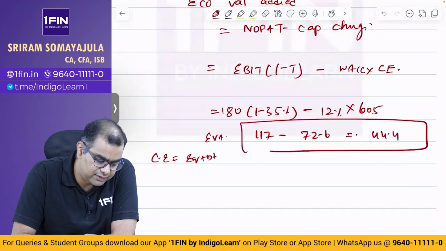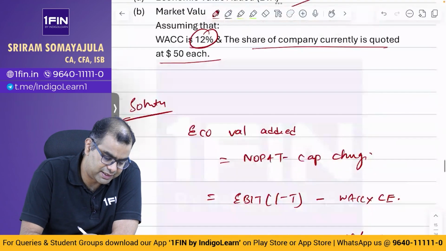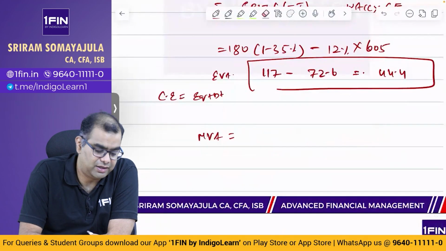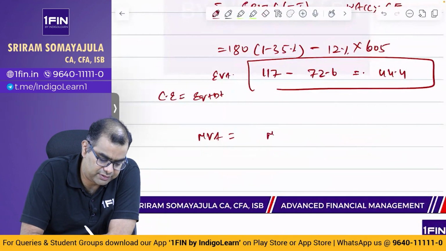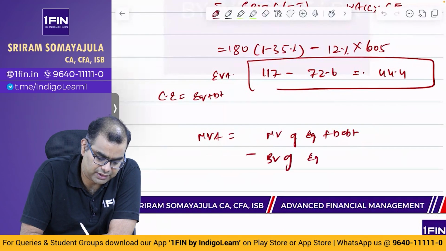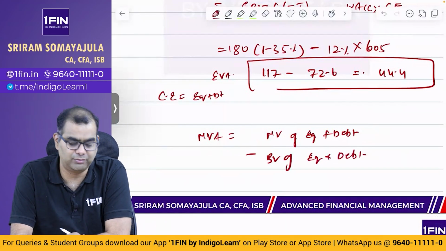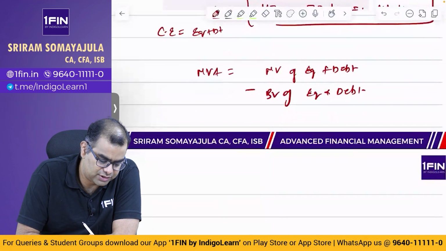Okay, then what is the second question? Market value added. Market value added is market value of equity plus debt minus book value of equity and debt. In our case, market value of debt and book value of debt are both the same, but anyway, we'll do this. What is market value of equity?